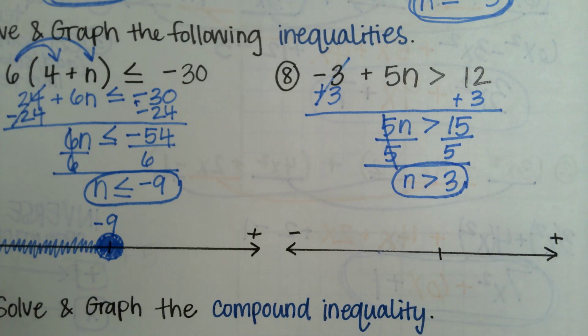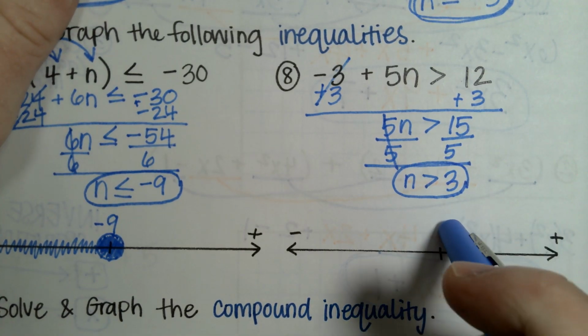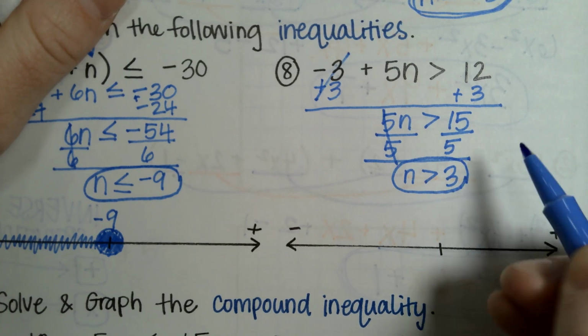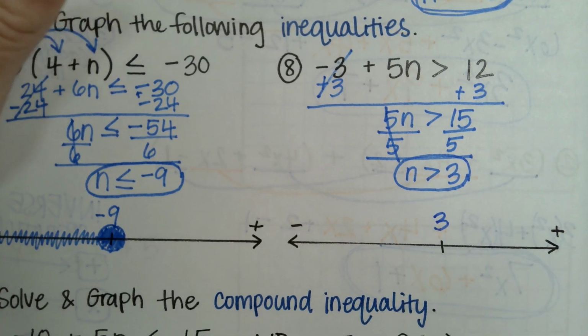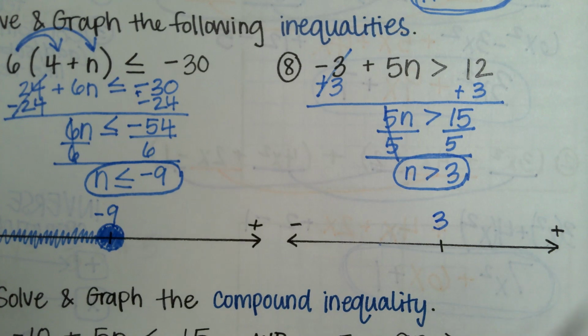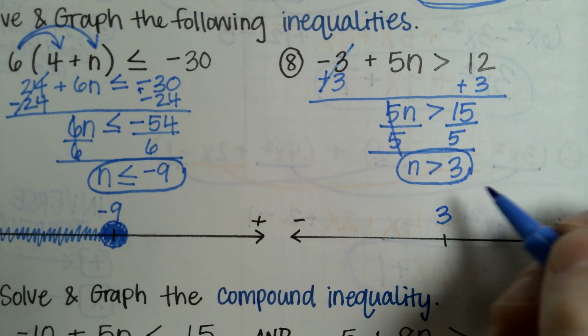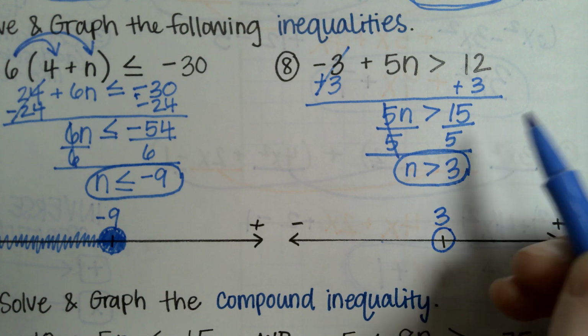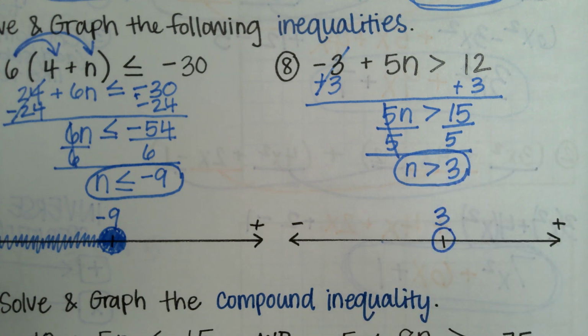Now that we know n is greater than 3, what is our first step? Yes, label your tick mark with your number first. Always do that first. Just do it before you forget. Open circle. Why is it an open circle? Yeah, because it's not equal to. It's just greater than 3.